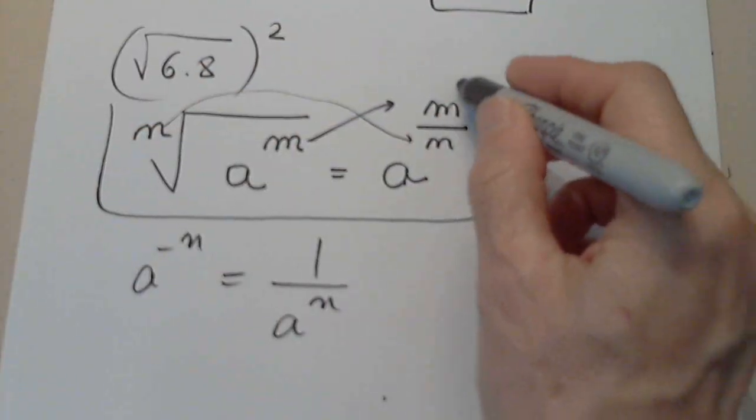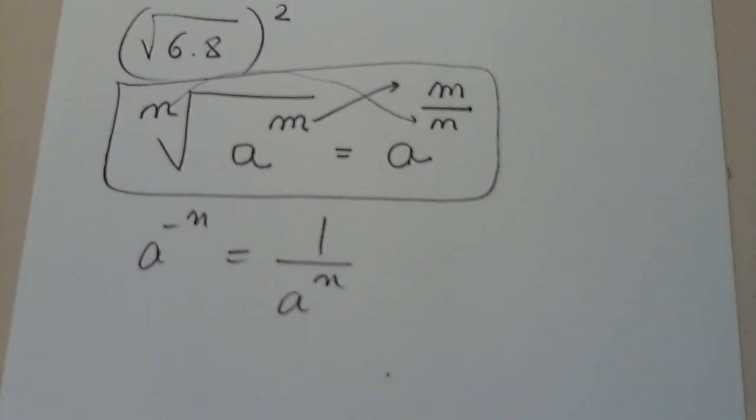So, what is the main importance of this? To remember that any radical can be expressed as an exponent.